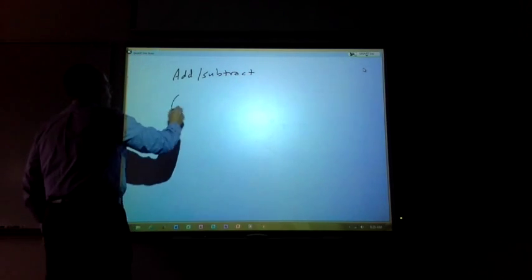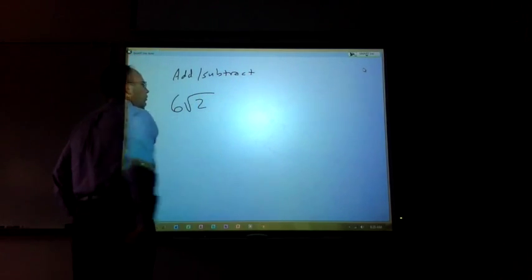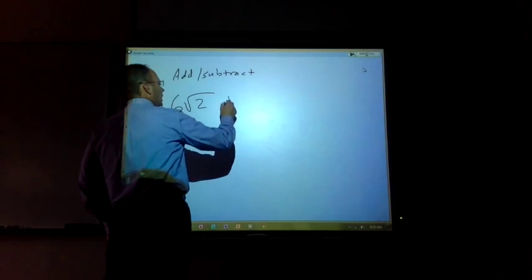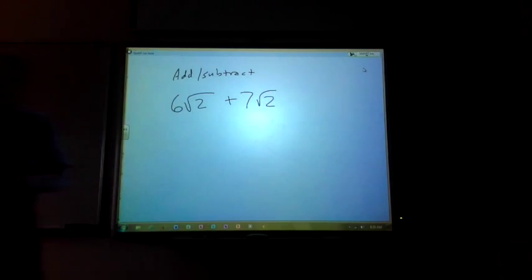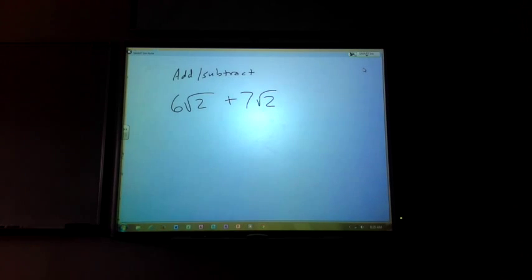so let's say I have 6 square root 2 plus 7 square root 2. Would you feel these would be like terms? Yeah. What's going to identify a like term for you? Root 2.